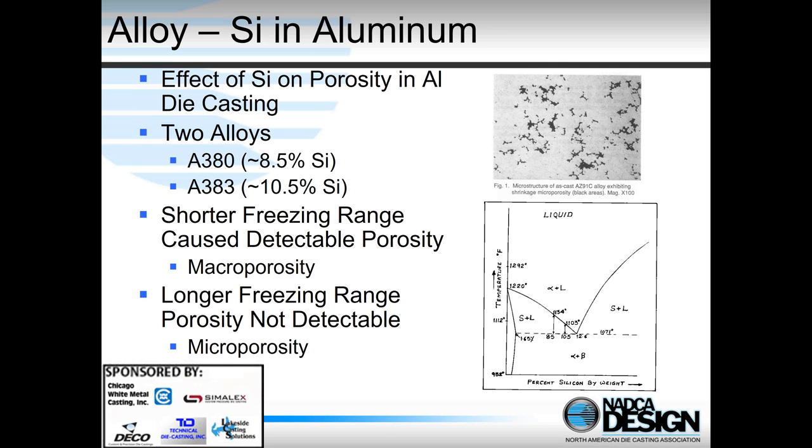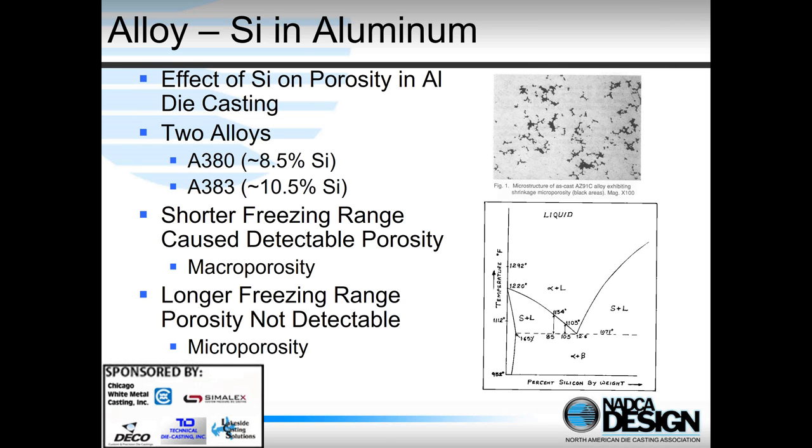Initially they ran the casting with 383, the short freezing range alloy, and they couldn't make a good casting. Why? Because the castings were rejected at X-ray. As we just talked about, they would get a few large pores at the last part of the casting to solidify, and the big pores showed up on X-ray.